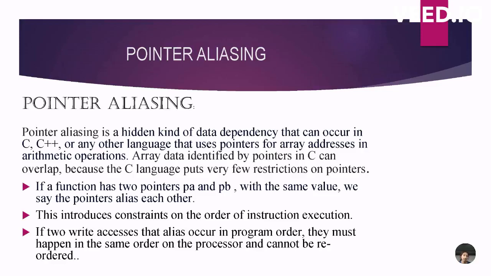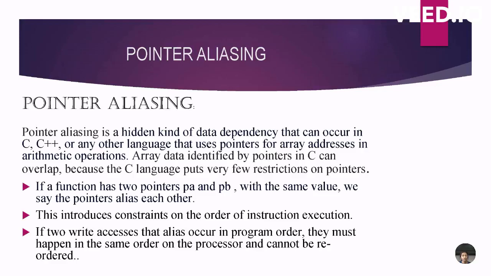If a function has two pointers, that is PA and PB, with the same value, we say the pointers alias each other. Here, PA is a pointer A and PB is a pointer B.